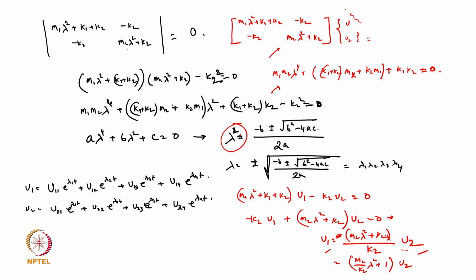Now you see, lambda square has how many values? Two. Lambda has four values, but lambda square has two values. So this relationship gives me two values of u1 for a particular value of u2. Make sense?